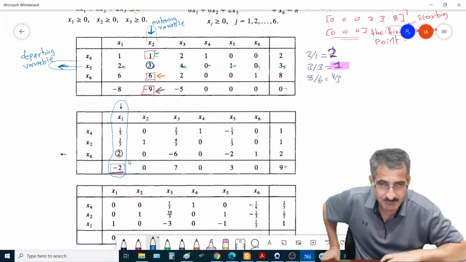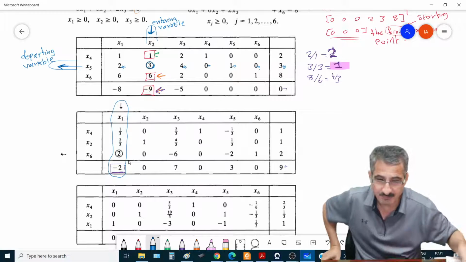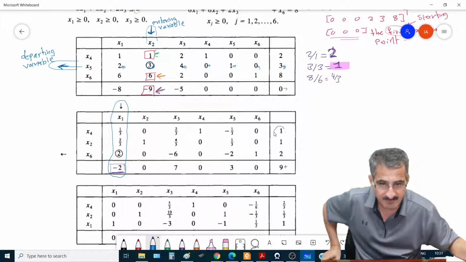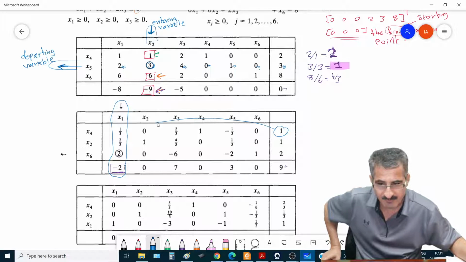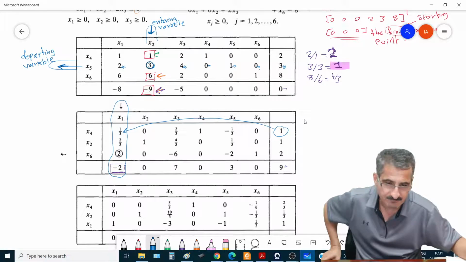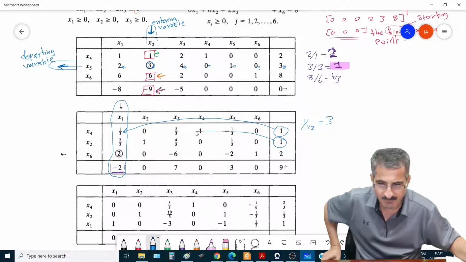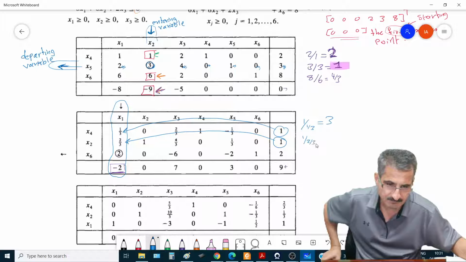Which row do we choose for the departing variable? We do the same. Divide 1 over 1/3. We get 3. Divide 1 over 2/3. We get 3 over 2.